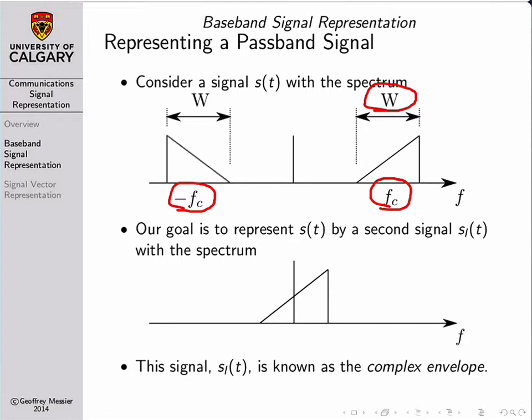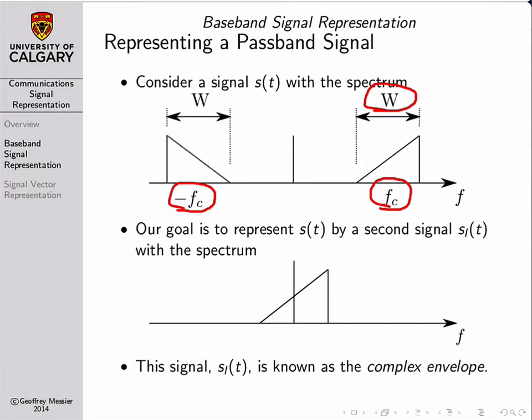Choosing some typical numbers from a Wi-Fi signal, we're looking at signal bandwidths on the order of 20 megahertz and a carrier frequency of 2.45 gigahertz. So usually the carrier frequency is one or two orders of magnitude larger than the signal bandwidth.